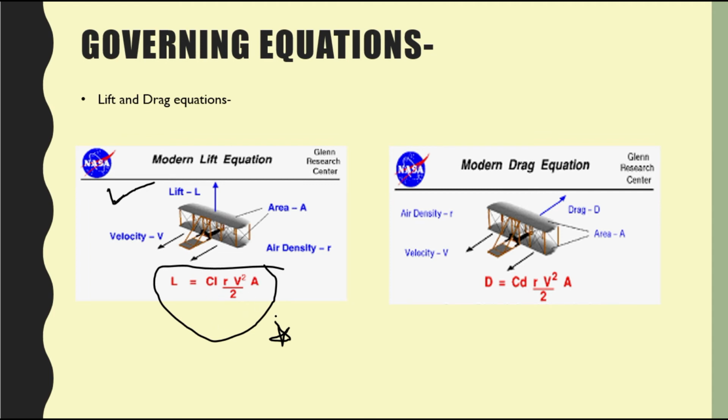These relations were found with the help of dimensional analysis, then some experimental tests were taken, and after that these relations were brought up. To add a relation constant, we have this CL, that is the coefficient of lift.